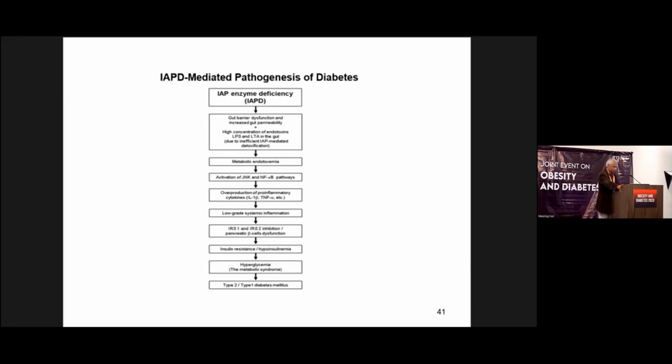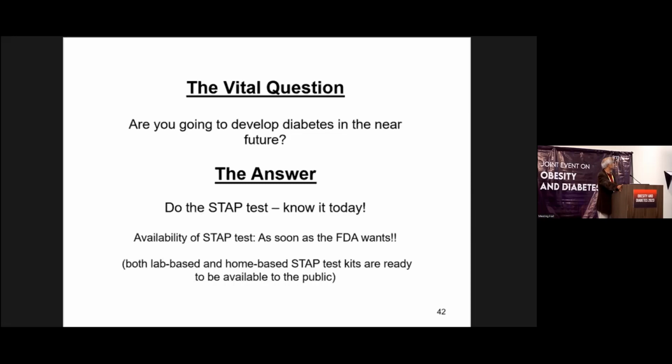And the vital question: are you going to develop diabetes in the near future? My answer is do the STAP test. Find out in your stool what your IP level is. Then you can predict whether you are suffering from IPD or not.